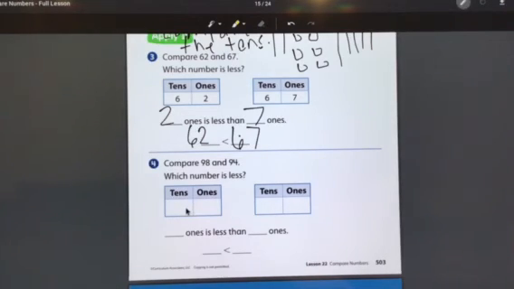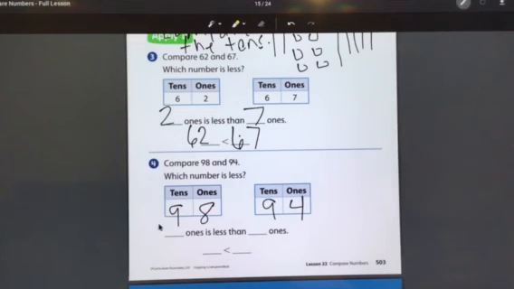How many tens are in 98? And how many ones are in 98? In the number 98, you have 9 tens and 8 ones. In the number 94, you have 9 tens, 4 ones.